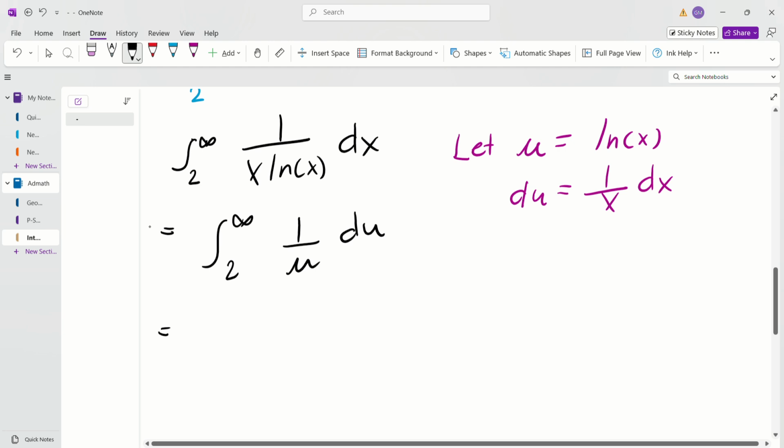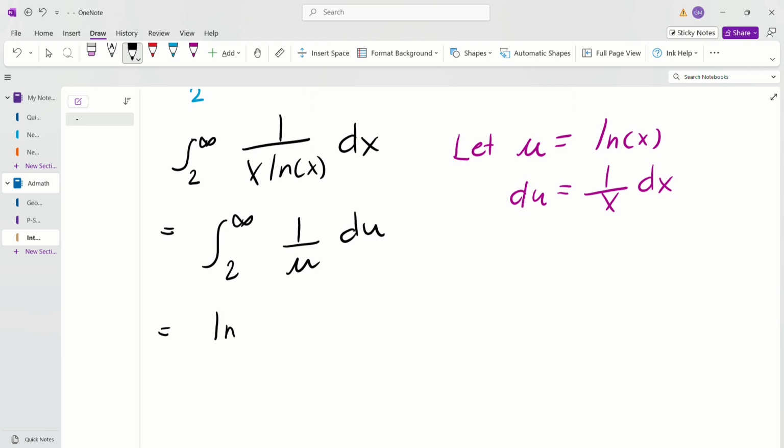The integral of 1 over u is ln of the absolute value of u. Don't forget the evaluation from 2 up to positive infinity. If we are going to evaluate this, we must use the limit as t approaches positive infinity.